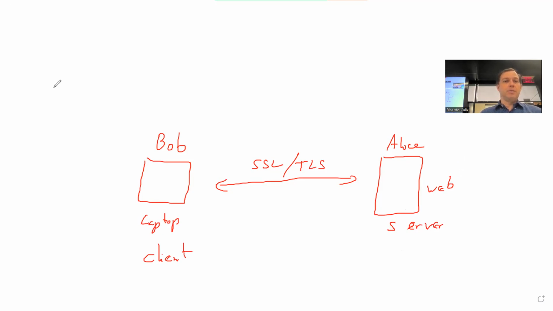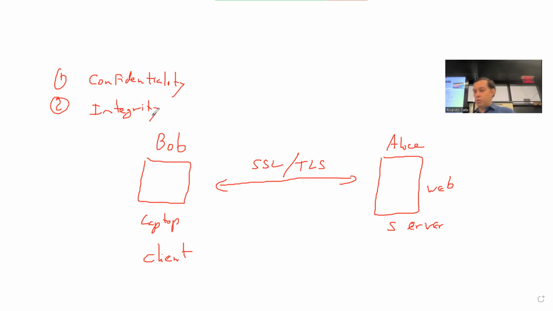We want to have no eavesdropping, confidentiality, and then we have integrity. We have other things that we want to achieve, but those are the two main goals.